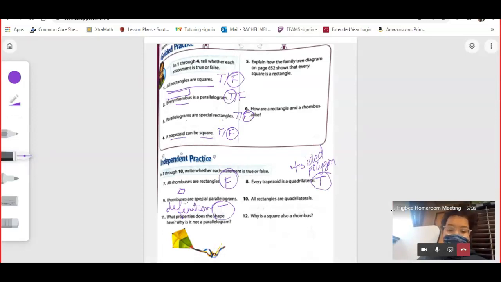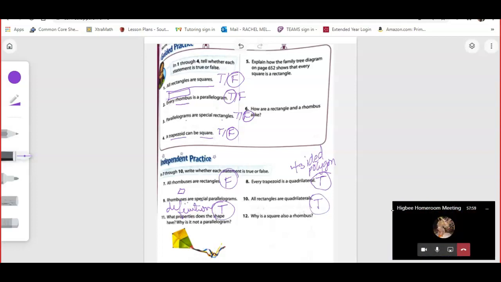Okay, and then the last one is also true. Why is that true? Raising your digital hand. Anthony, why is that true? Because if you tilt a square, it could become a rhombus.